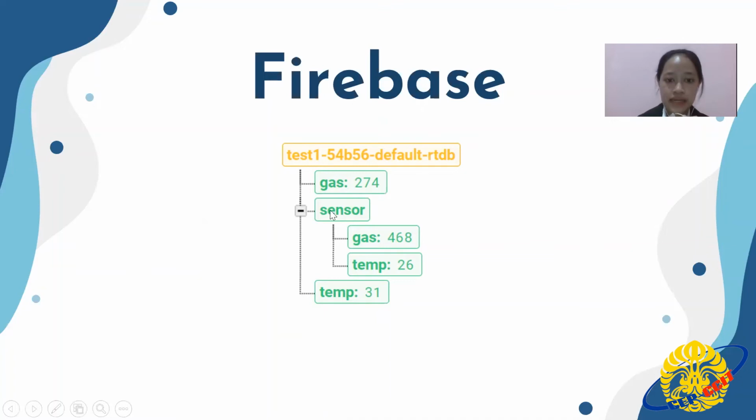We can see it here: we have a gas, and we also have temp, which is the temperature from the sensor value of the DHT11, and it will be shown as the real-time database. We also have a small folder here called sensor, that we use when we practice out our system hardware.